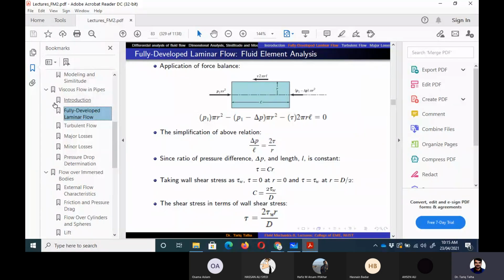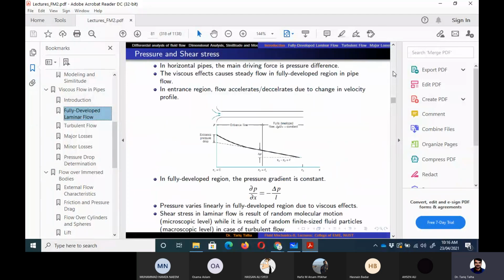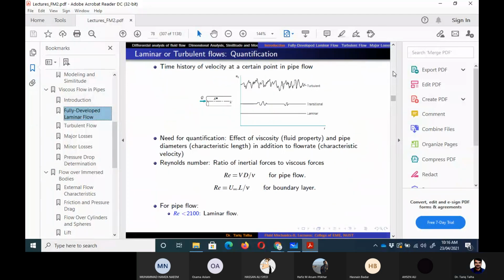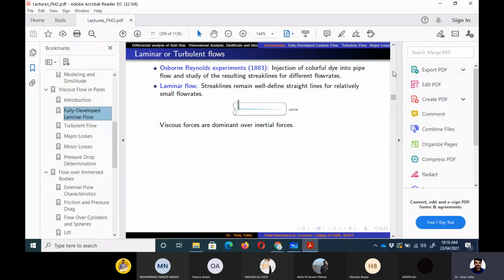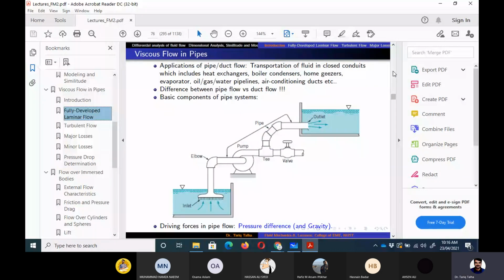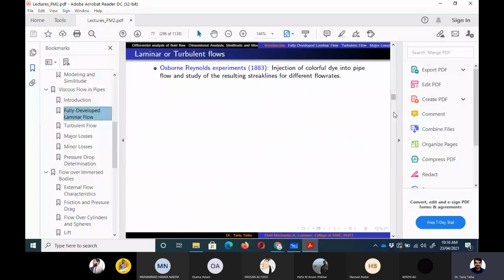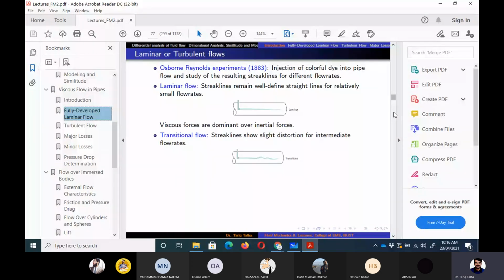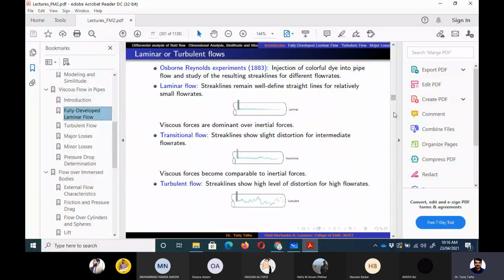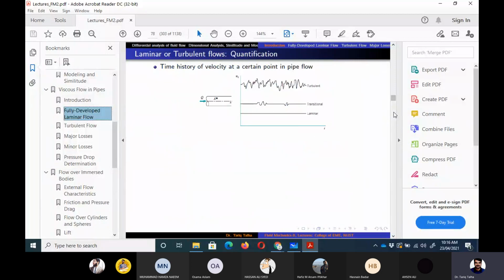Let me quickly recap what we discussed. First of all, we discussed the importance of pipe flows, the application areas, and then laminar flow through pipe, transitional flow through pipe, and turbulent flow through pipe.